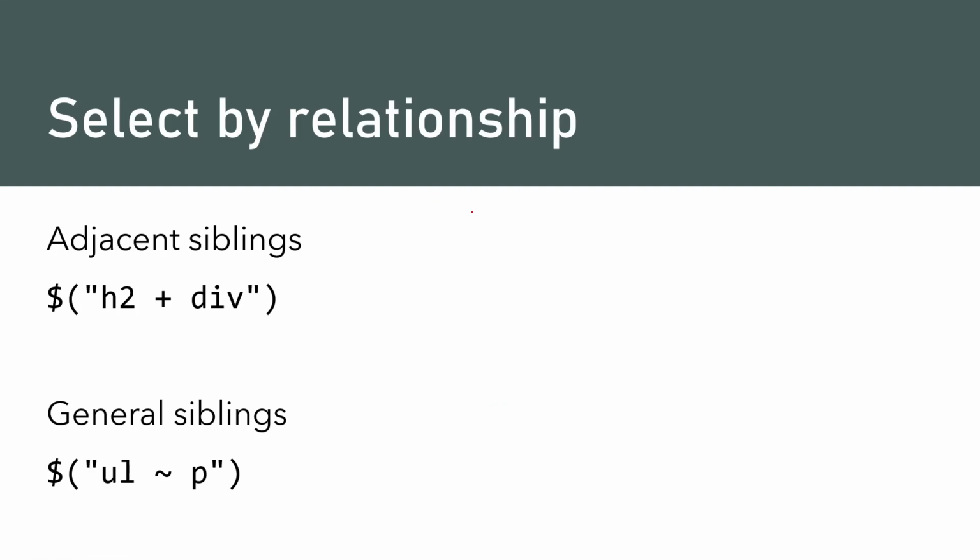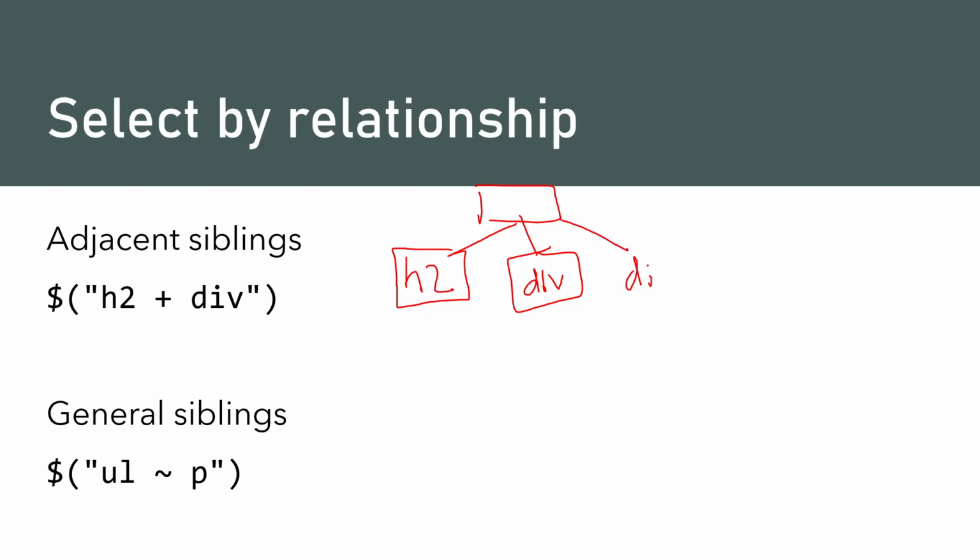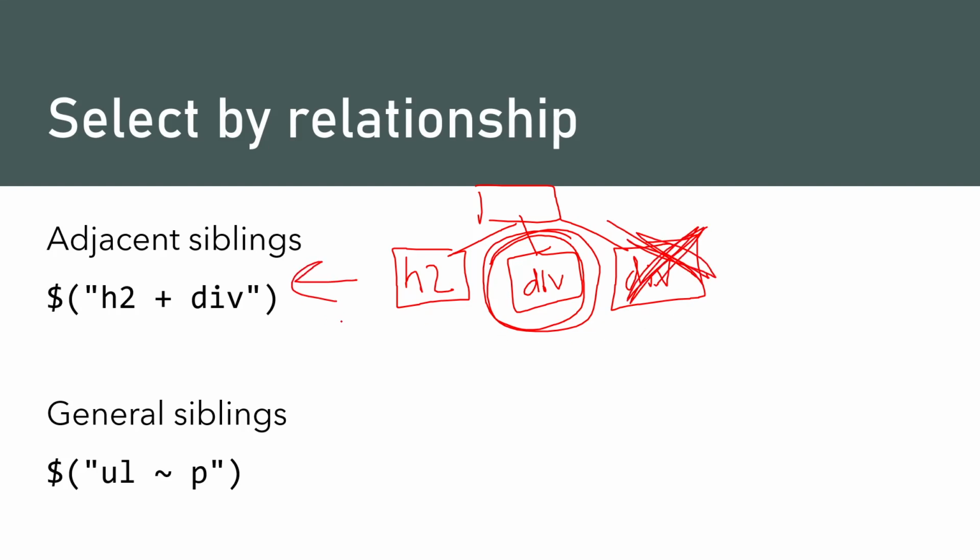So for example, if we had some parent and then there's an H2 and a div next to each other. Let's say there's another div element here. This div element would be selected and this div element would not be selected in this case because it's getting all div elements that are adjacent to H2 elements.